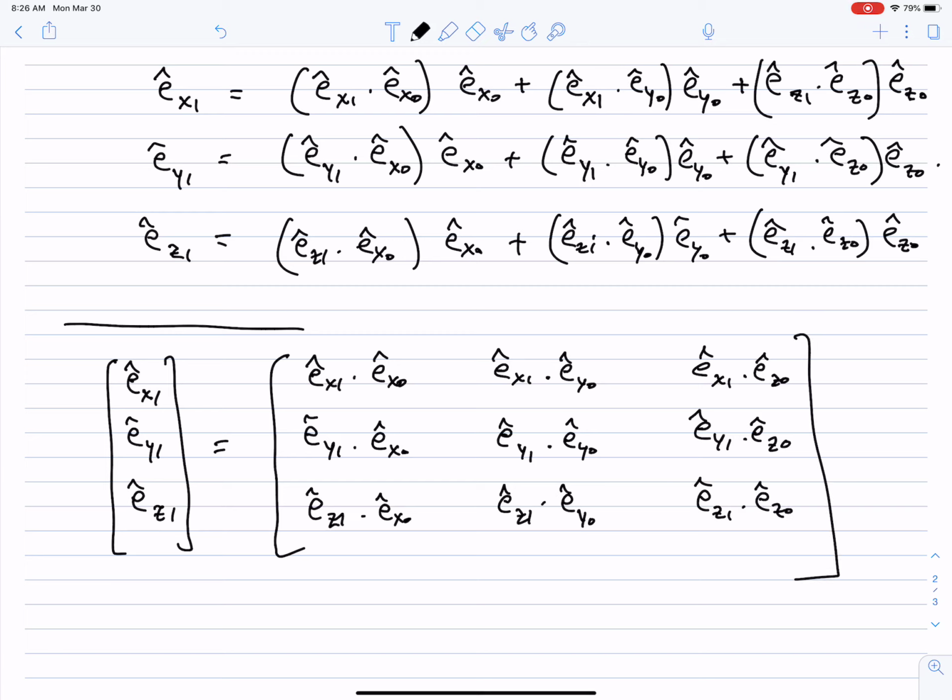Okay, so that's a 3 by 3 matrix, and of course we are trying to write EX1, EY1, EZ1 in terms of EX naught, EY naught, EZ naught.